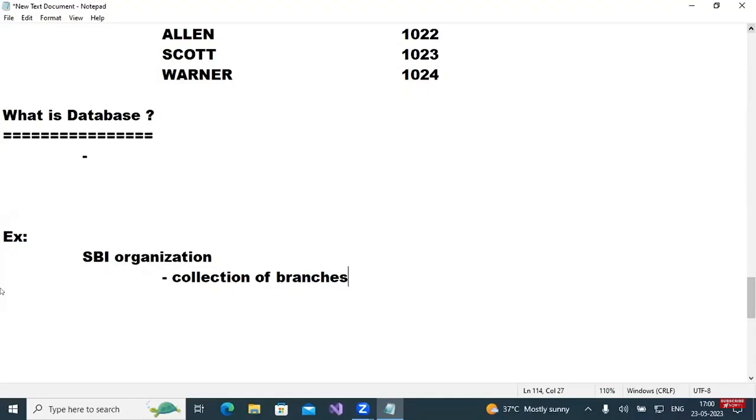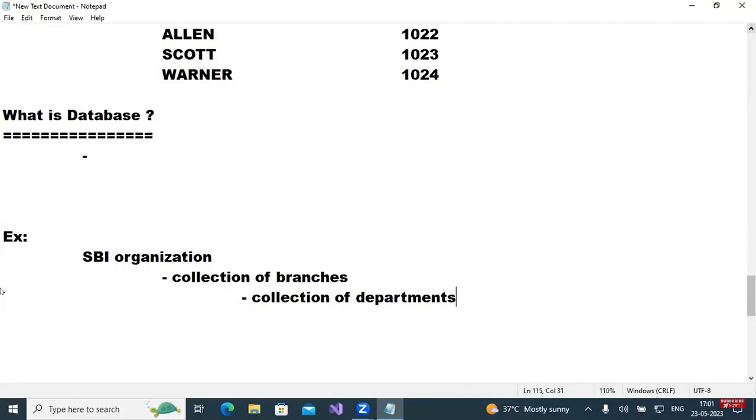Now, can I say a branch is nothing but a collection of departments? Is it clear? For example, suppose you have an SBI Amirpet branch. You go to that branch, and what do you see? Employees are there.